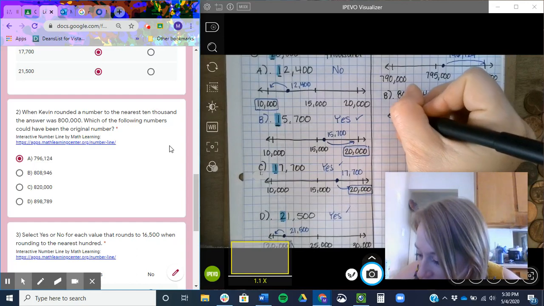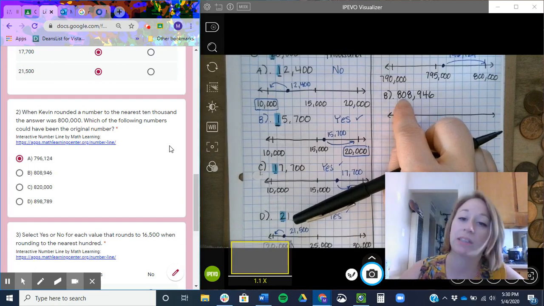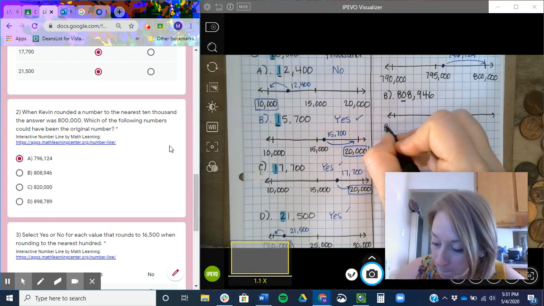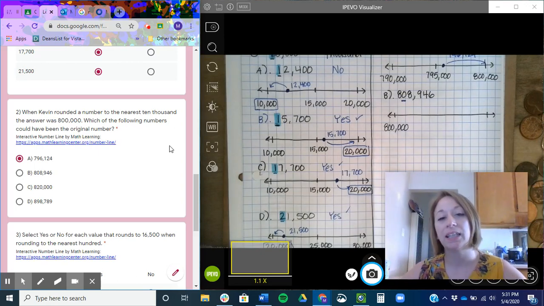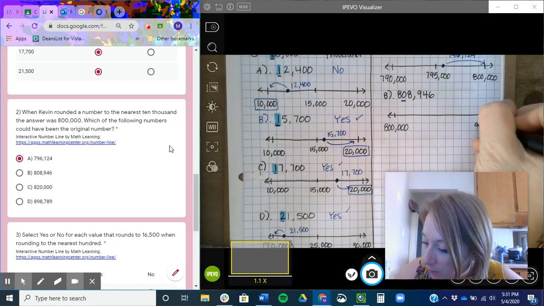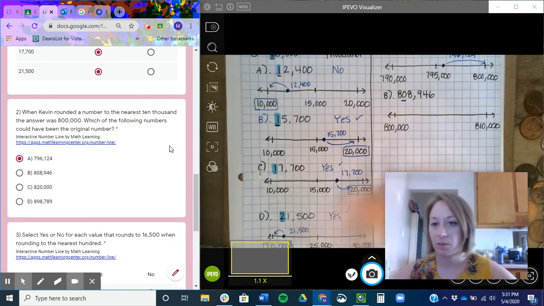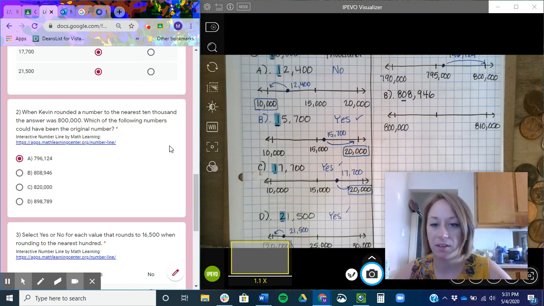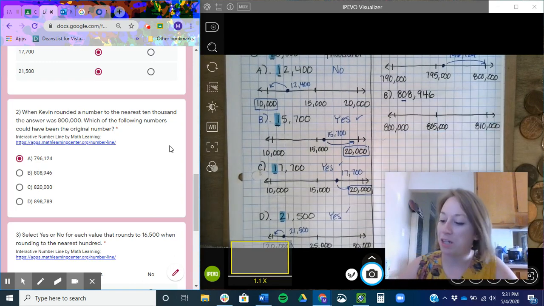So when we're labeling the beginning, if this is a 0, this would be just like the previous example where it would simply be 800,000. Well, the next 10,000 would be 810,000. The midpoint, which is the value in the middle of 800,000 and 810,000, is 805,000.